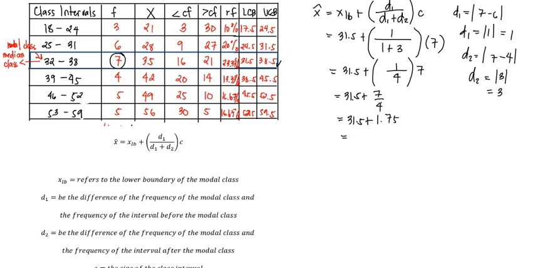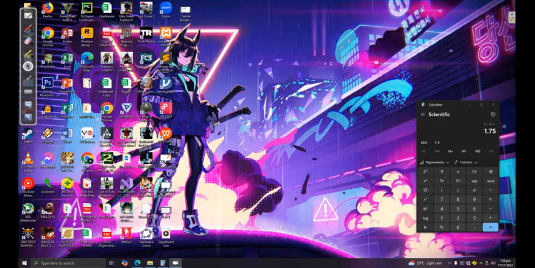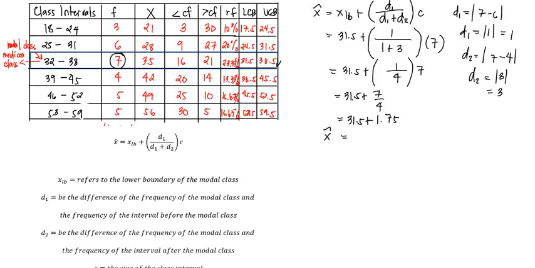Then we add these values: 31.5 plus 1.75 is 33.25. So basically, our mode is 33.25 for this data set. Again, that's how you calculate the mode.